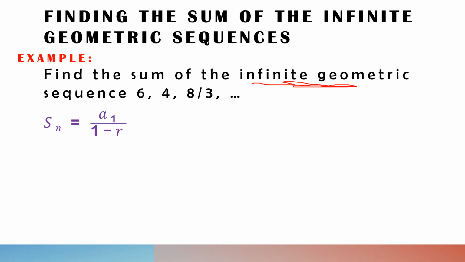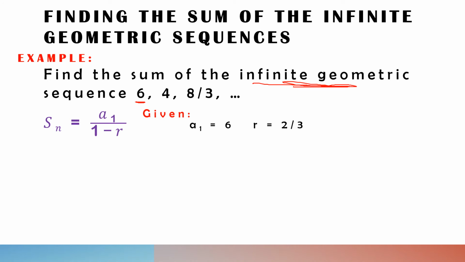Our formula to be used will be the same, S sub n is equal to a sub 1 over 1 minus r. What is our first term? The first term, a sub 1, is 6, while the r is 4 divided by 6. What is 4 divided by 6? That is 2/3.